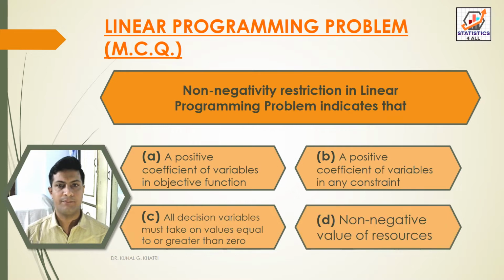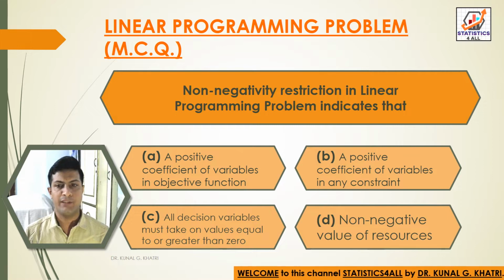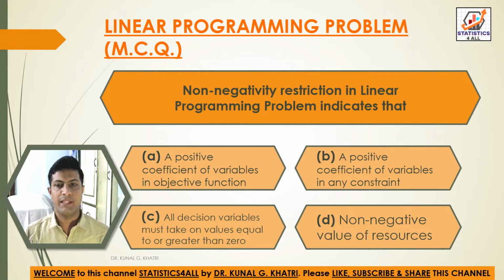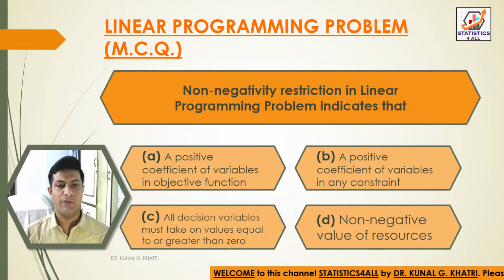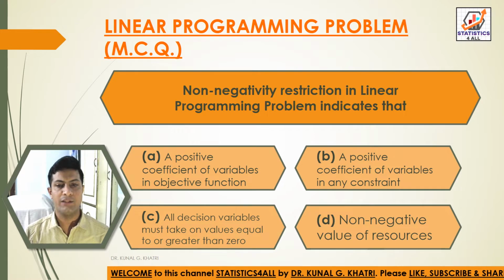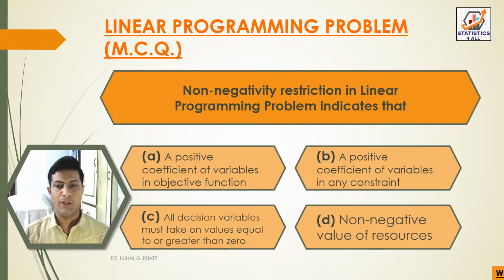Next question, non-negativity restriction in linear programming problem indicates that option A, positive coefficient of variables in objective function, option B, a positive coefficient of variables in any constant, option C, all decision variables must take on values equal to or greater than 0, option D, non-negative value of resources.